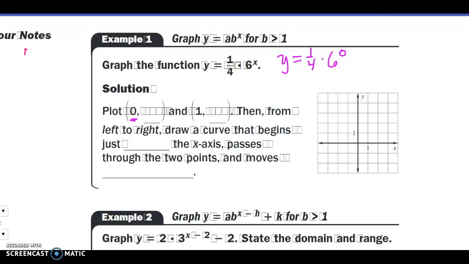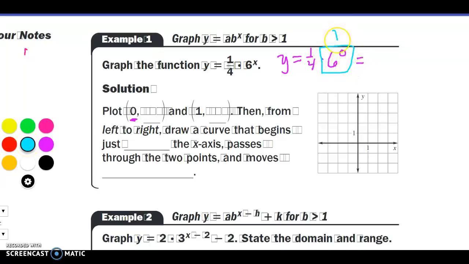Our b value is 6, which of course is greater than 1. Now to evaluate this, it's actually very simple, because 6 to the zero power, I'm hoping you remember, is 1. So what we have here is actually 1/4 times 1, which of course is 1/4. So our point that we're plotting is (0, 1/4).